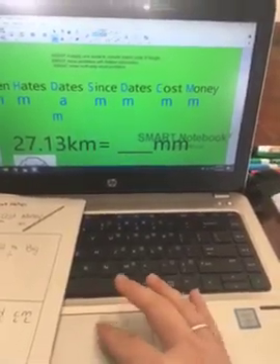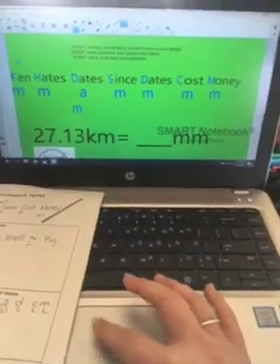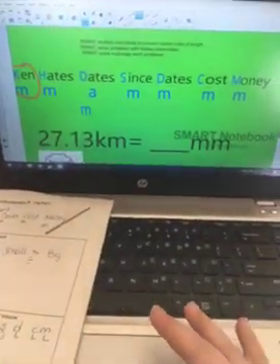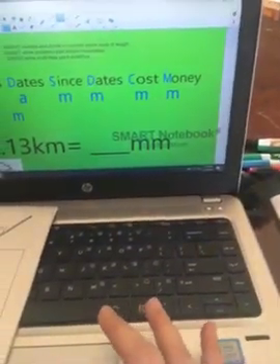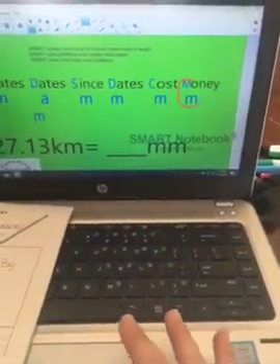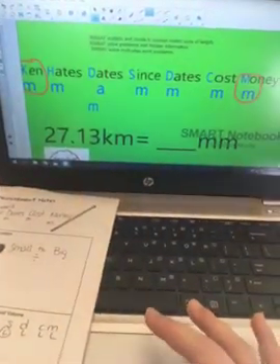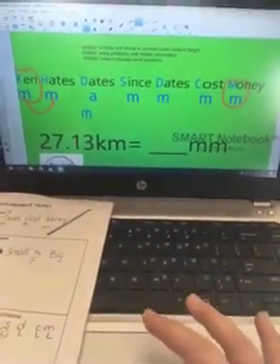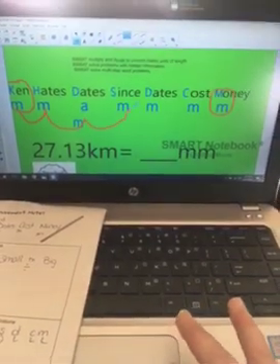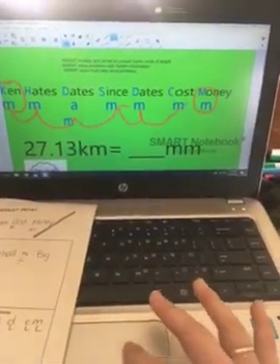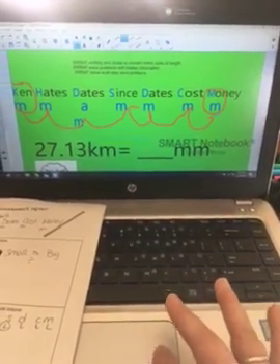If we're going from kilometers, which is over here, and we're going to change it into little tiny millimeters, which is all the way over here, we're starting at kilometers and moving 1, 2, 3, 4, 5, 6 places to the right.